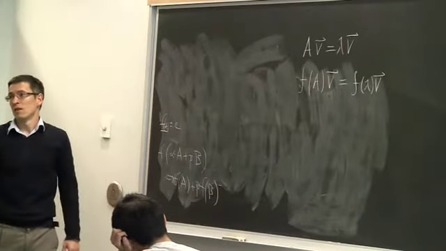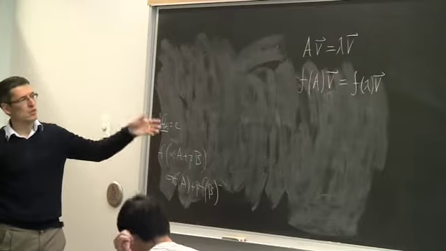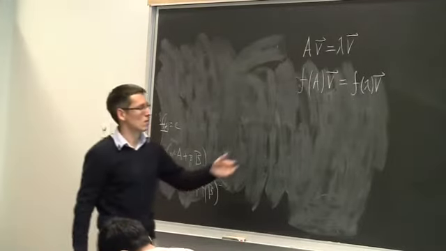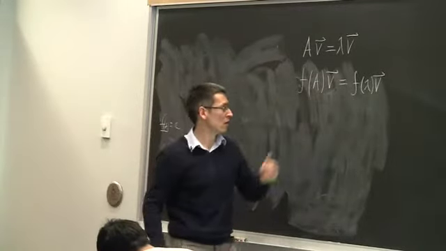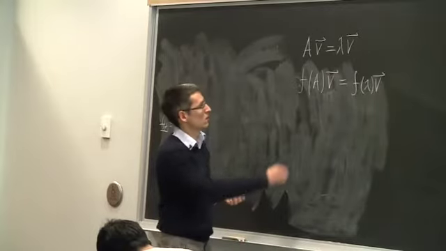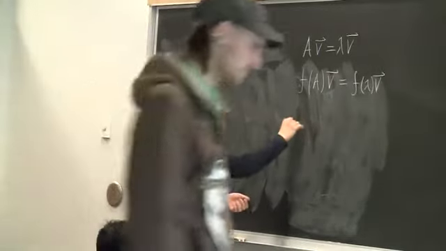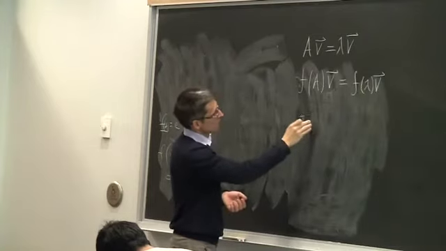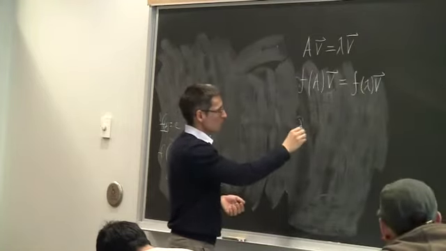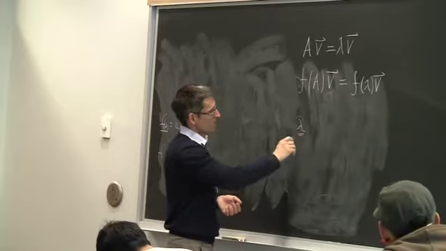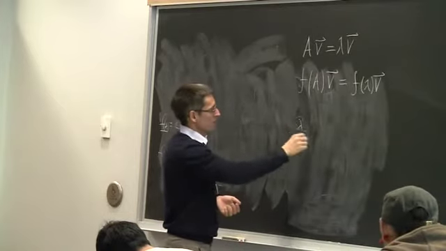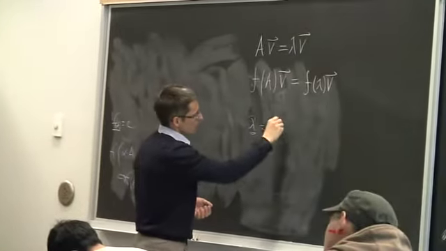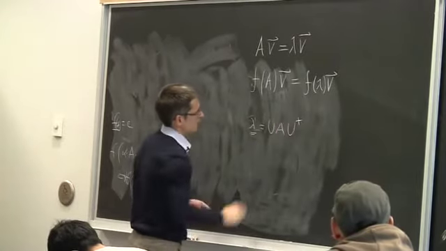The hint for you is that you just do the Taylor series expansion, and you can represent the diagonal form of the matrix as U dagger, right?